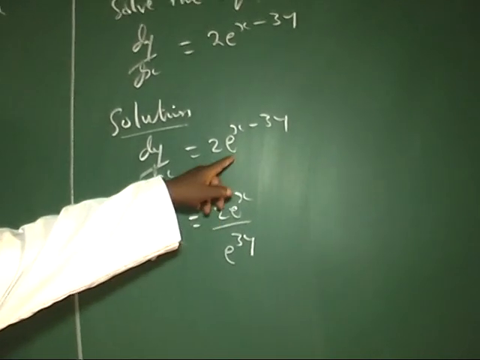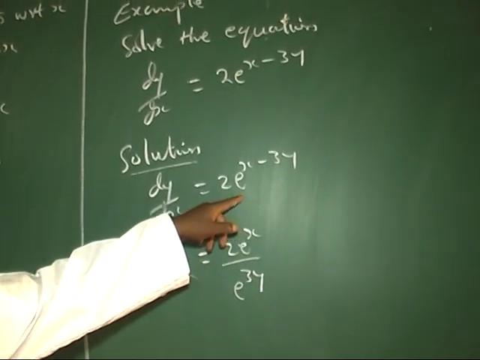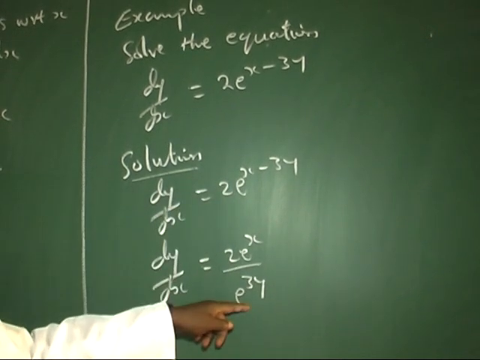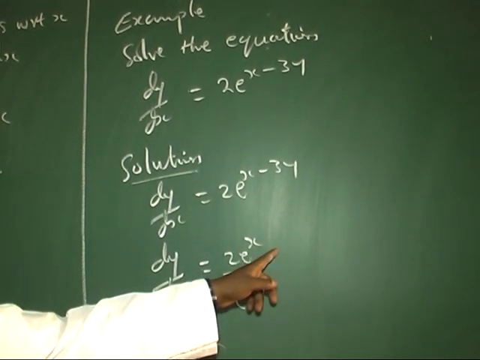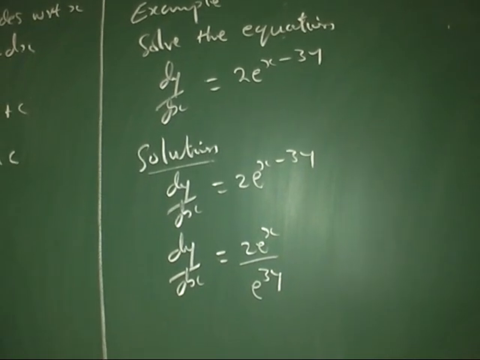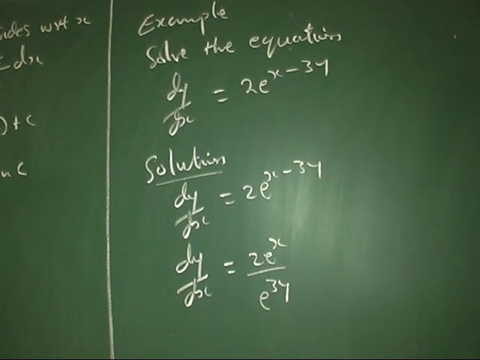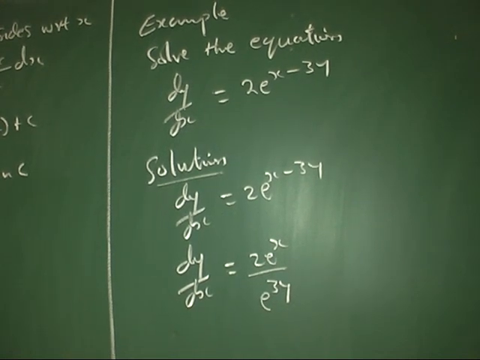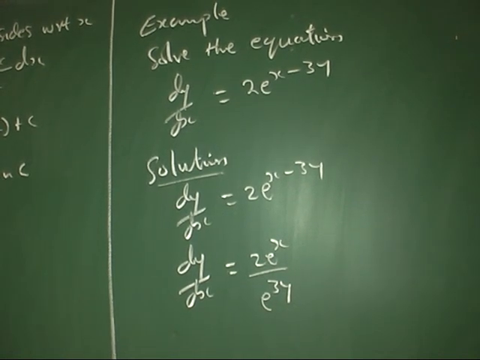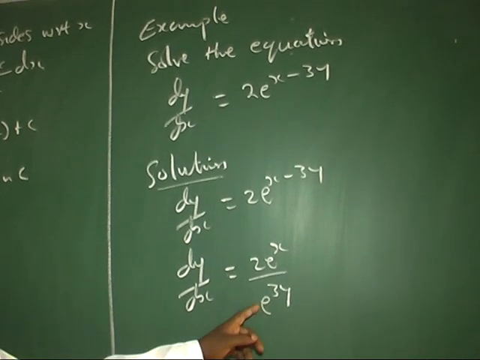You know, according to law of indices, if I have something like this divided by this, I can take it up. And so, what it means is that even as it is, you cannot integrate it.